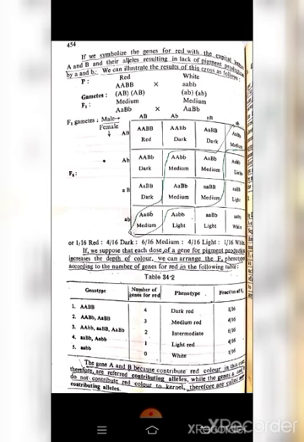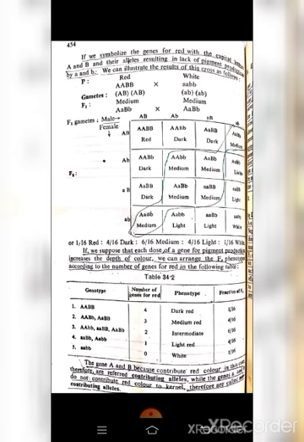And the fourth one, both are in heterozygous condition, so the color of the plant will be medium. Now the next line, in the next box, A is homozygous and B is heterozygous, so the dark color is produced.